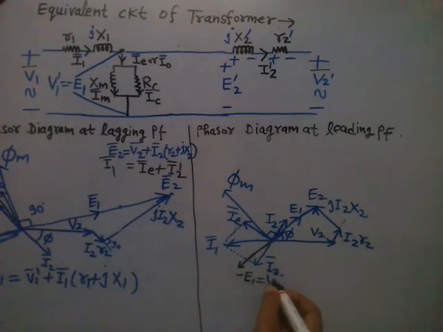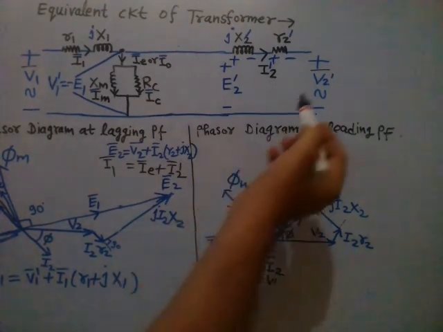I told you minus E1 is nothing but V1 dash, right? So V1 dash is equal to minus E1. Now add I1 R1, the resistive drop.